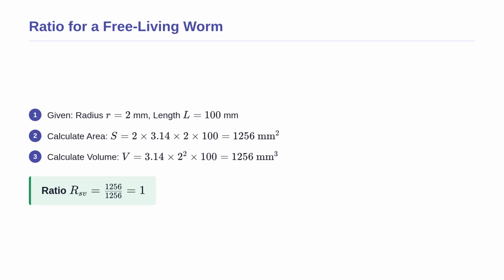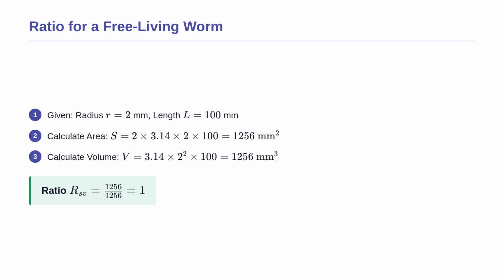Let us apply these formulas to a standard cylindrical free-living worm. We are given a radius of 2 millimeters and a length of 100 millimeters. First, we calculate the surface area by multiplying 2 times pi times the radius times the length, giving us 1,256 square millimeters.